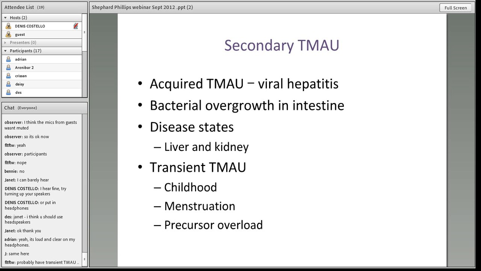And we think that these children present early on with these symptoms but grow out of them because their gene is delayed in becoming active. But as they grow and become older, this gene becomes activated and then starts to produce a sufficient amount of protein to cope with the trimethylamine.